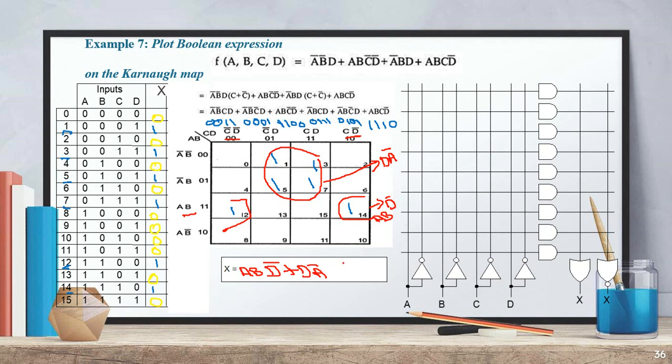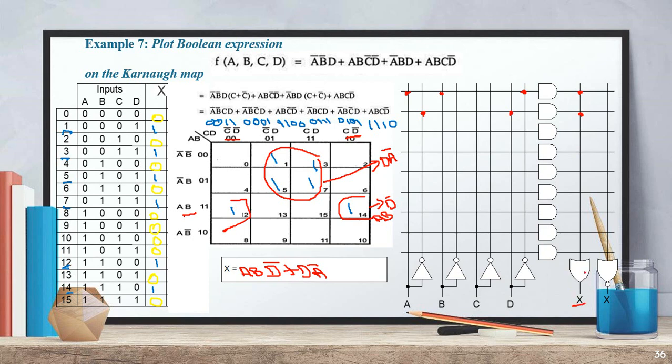From this equation we can draw the logic diagram, where the first one is A present, next one is B present, and the last one is D bar present. The same way, D A bar, so here this is the D portion and this is the A bar portion. Here only the first 2 are required, so we get the X answer.